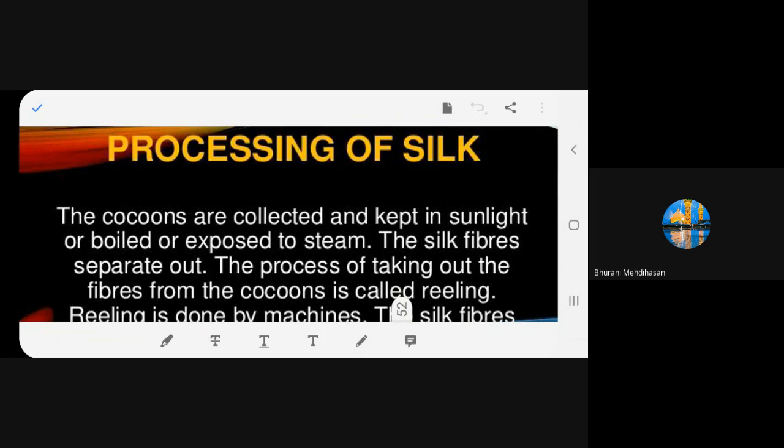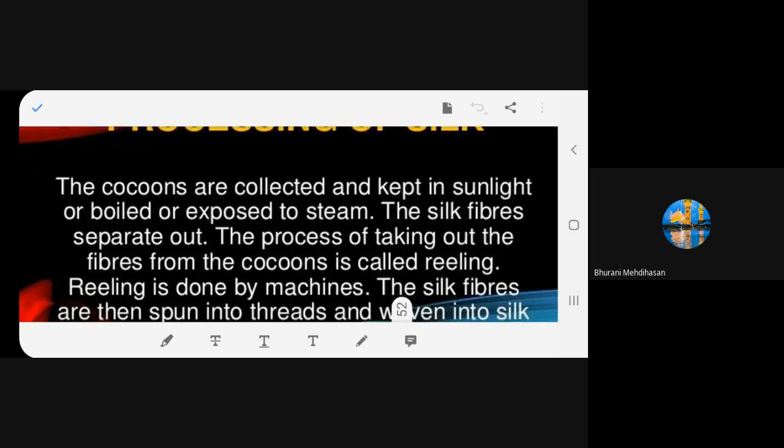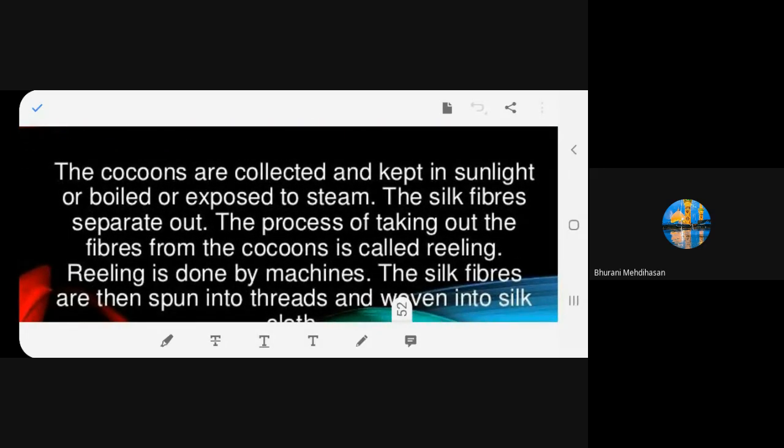Processing of silk. The cocoons are collected and kept in sunlight or boiled or exposed to steam.